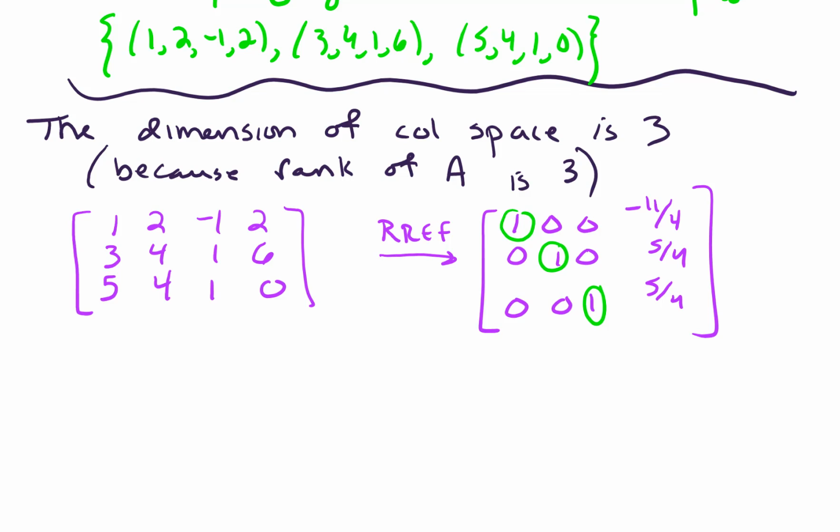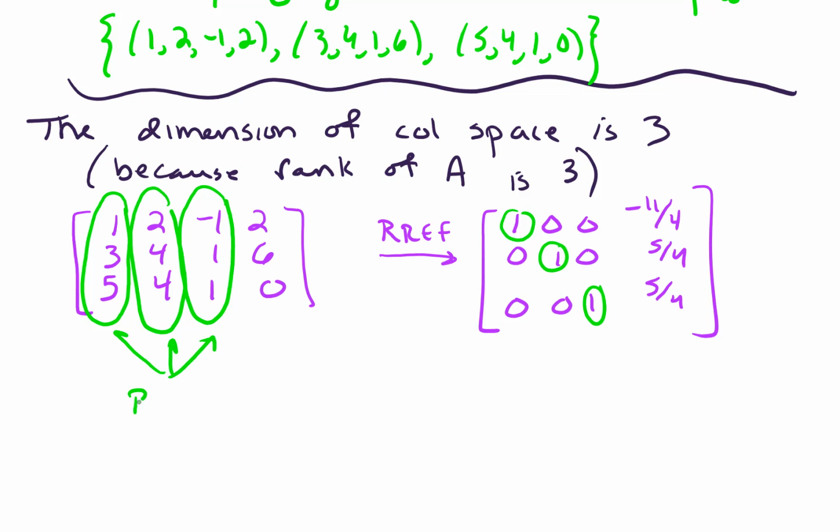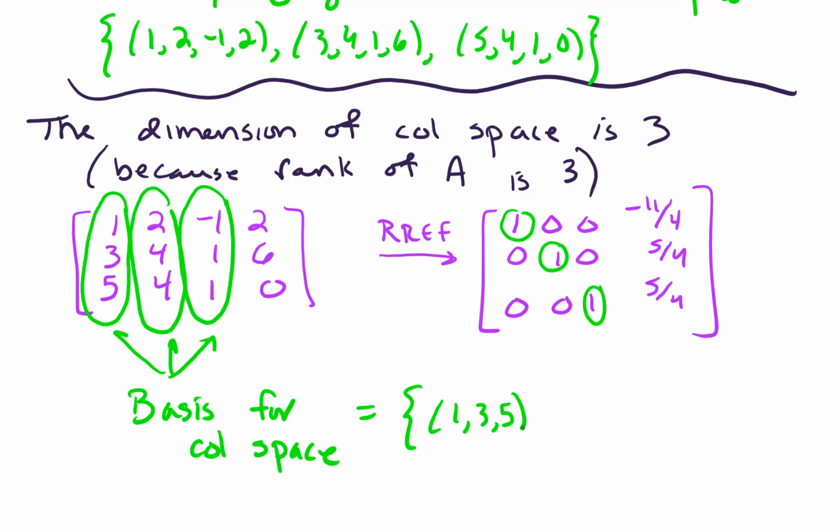That tells me that those first 3 columns are a basis for the column space. Now remember that the column space lives in R3. It is dimension 3, and so it's all of R3. So one way you could represent the basis for the column space would be to say, hey, it's the columns corresponding to the pivots, or the columns with my leading ones.